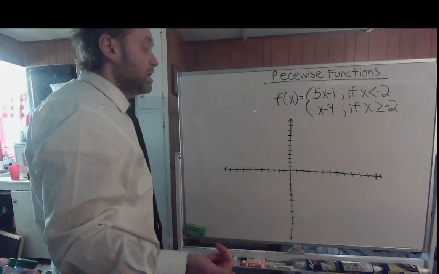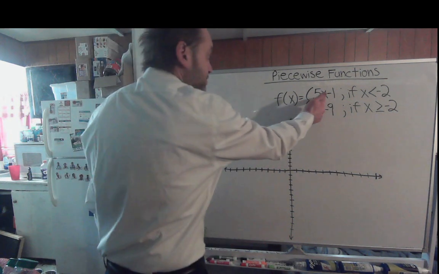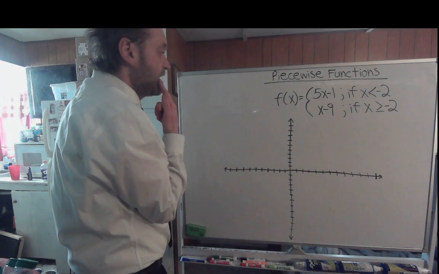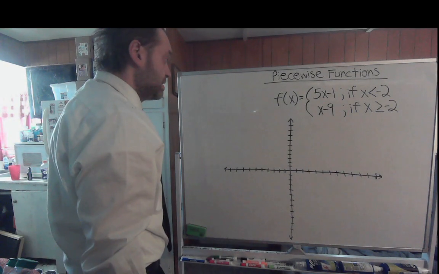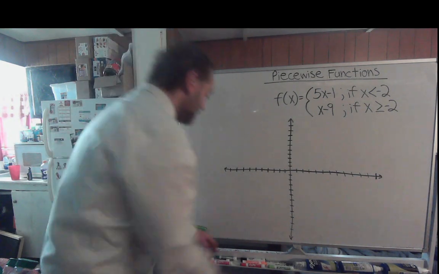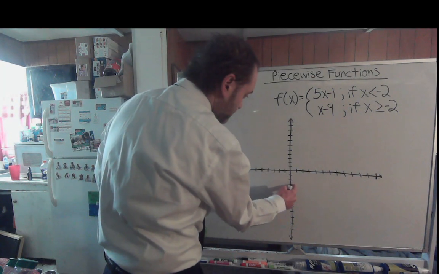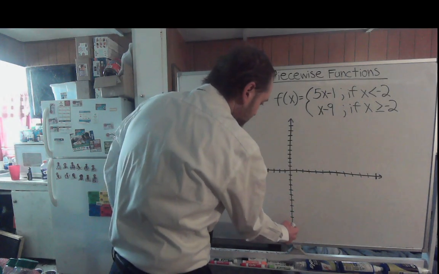So why don't we put in negative 3? I don't think we go that far. 1, 2, 3, 4, 5, 6, 7, 8, 9, 10, 11.